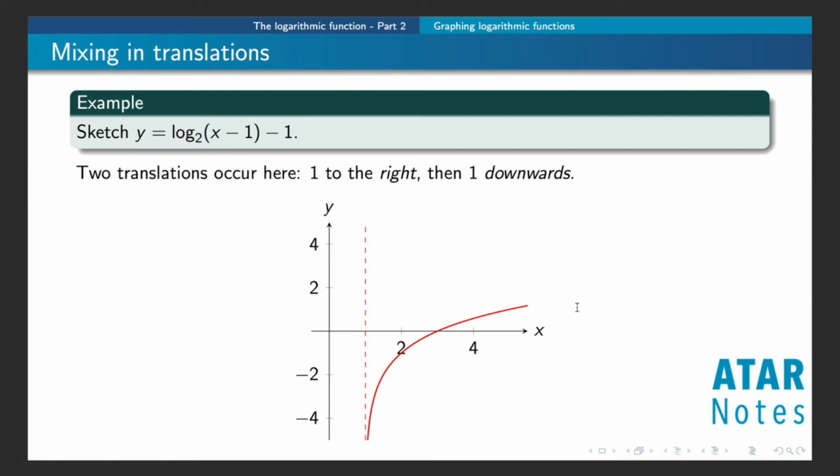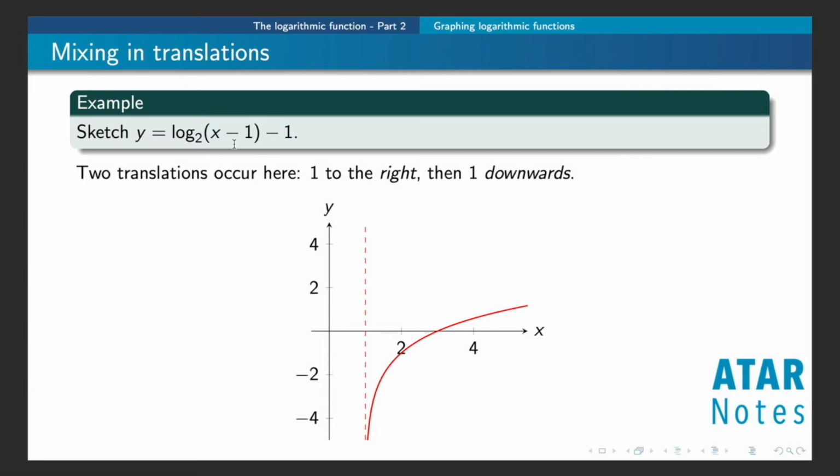Generally speaking, I recommend translating left and right before you translate up and down. That's my recommendation. Sorry, bit of an accident just now. It's my recommendation just because it more or less makes life easier for some of the other topics. But pretty much, for this question, that's all there is to it, you just do it.